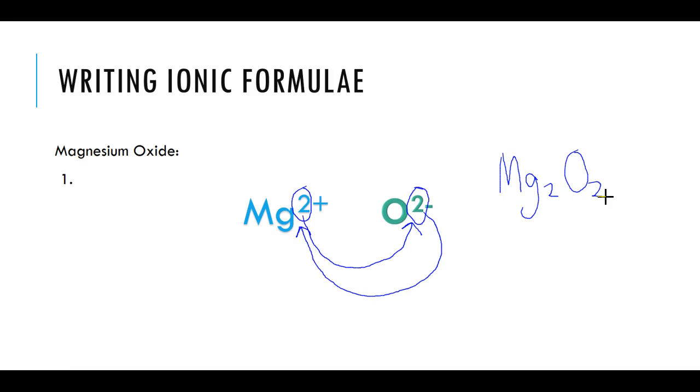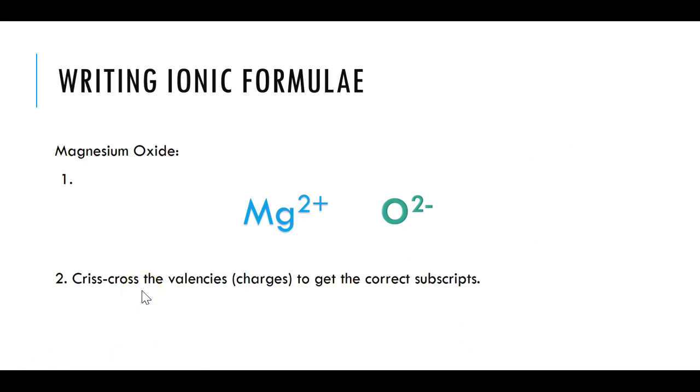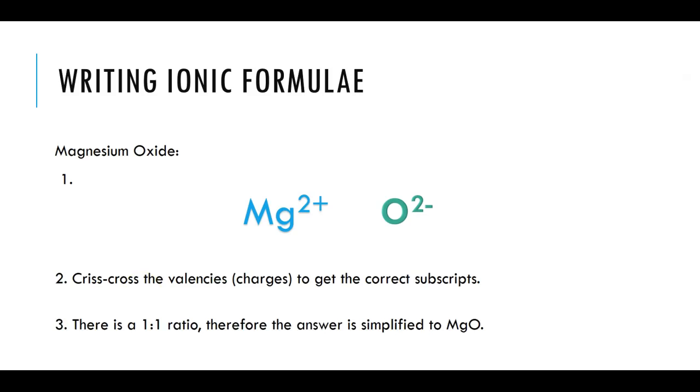At this stage, we have a 1-to-1 ratio, and it can also be written as MgO. You crisscross the valencies, which we have already done, and because it is a 1-to-1 ratio, you need to simplify it, and the answer is not Mg2O2, the answer is MgO.